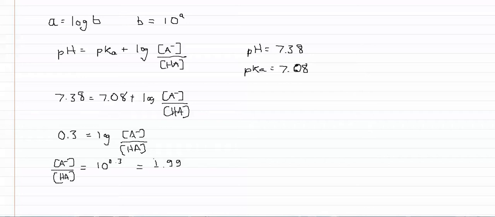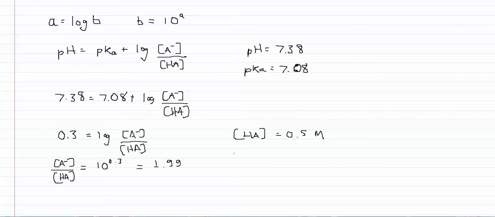And there are also other rules of working with logs that we could use in this kind of situation to work out a particular unknown quantity. So let's assume that in this instance we actually know that the concentration of HA is 0.5 molar.